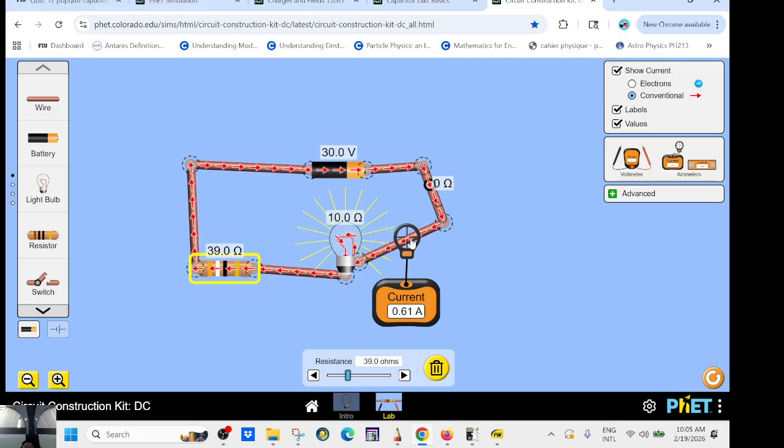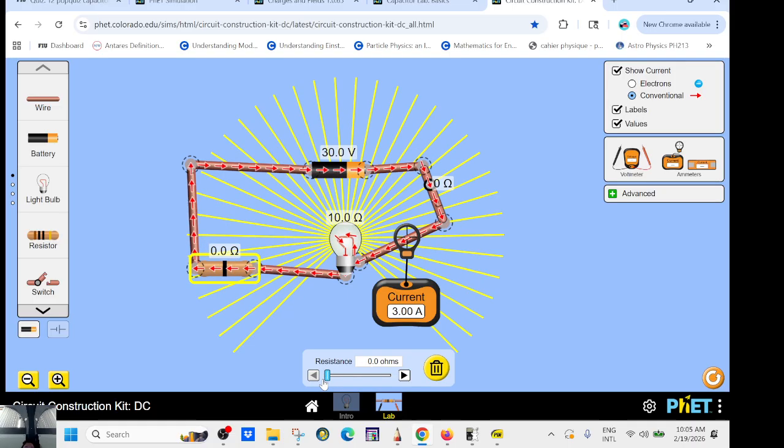The amount of coulombs crossing this intersection is going to decrease. So it's like a valve, but it's going to decrease everywhere.